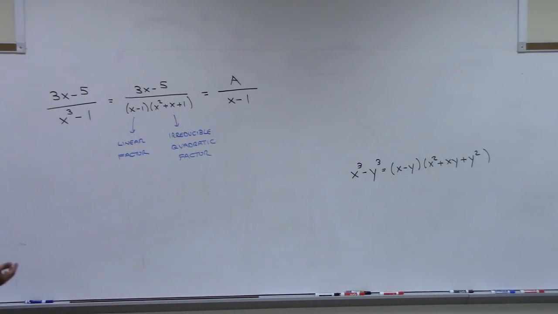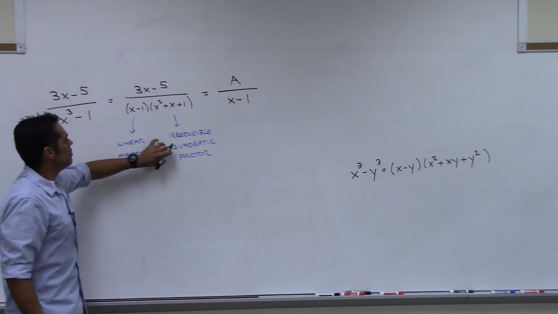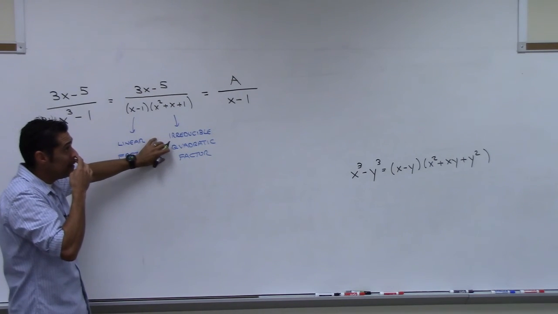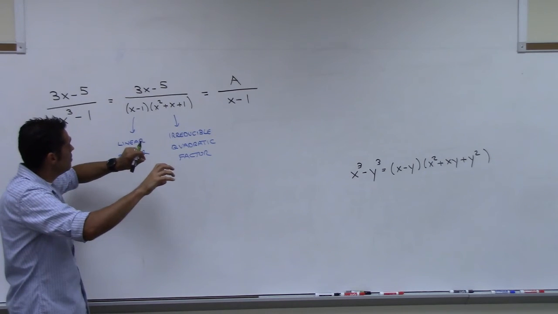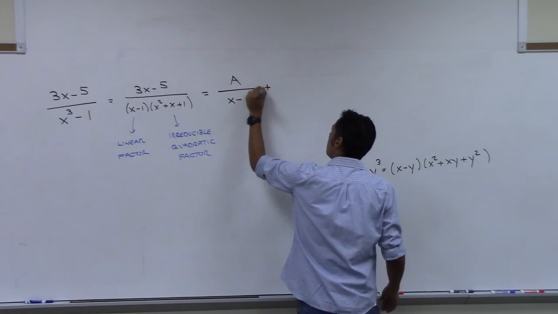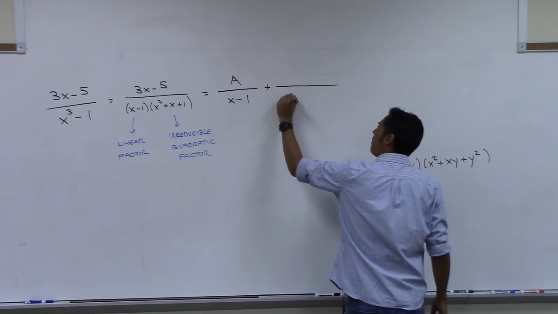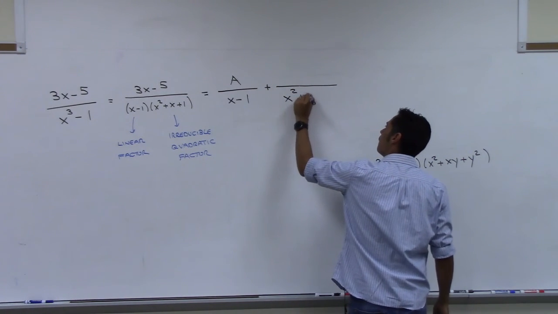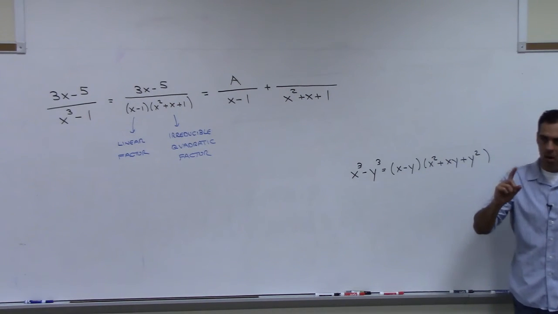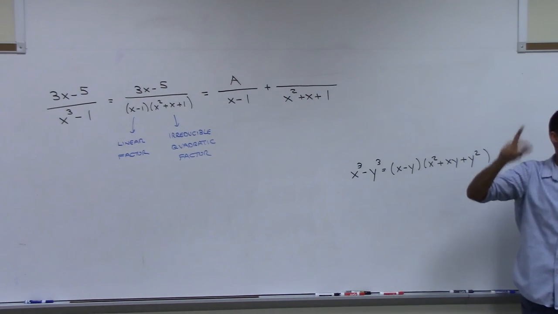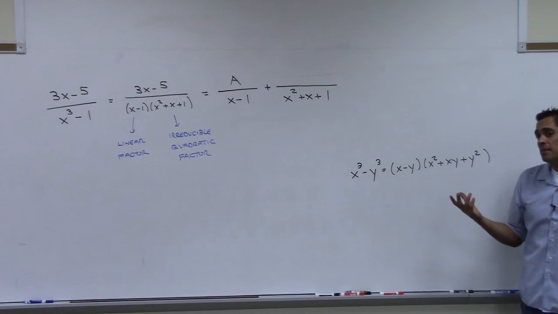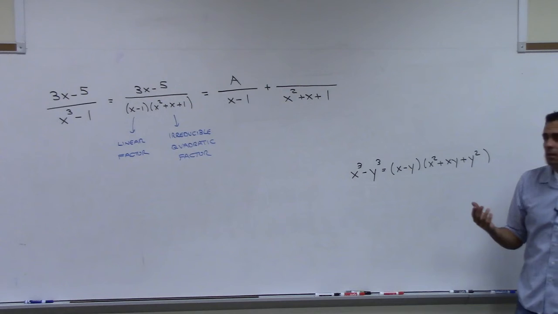Okay. How about irreducible quadratics? This is the first time we've had a quadratic that can't be broken down. So what do we do with it? Well, what we do is we slap the irreducible quadratic here, right? But on top is not going to be a constant. Any idea on what it might be? bx plus c.